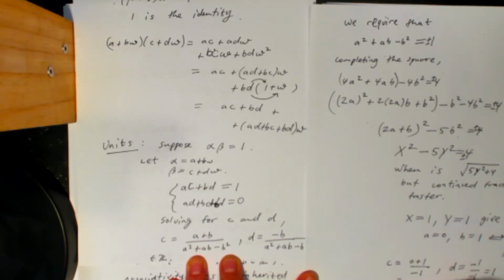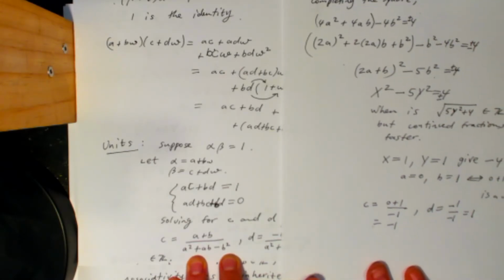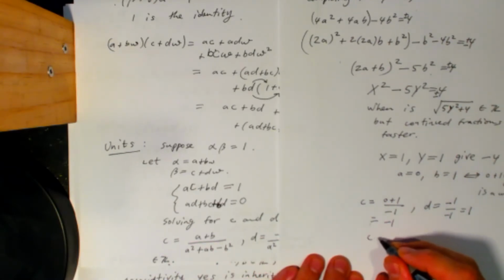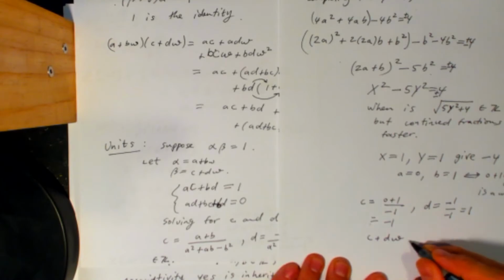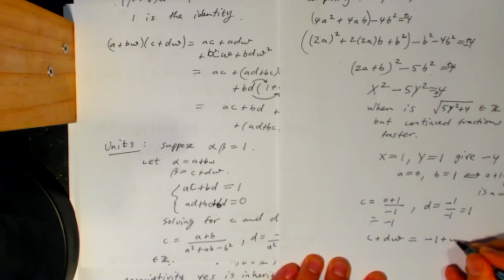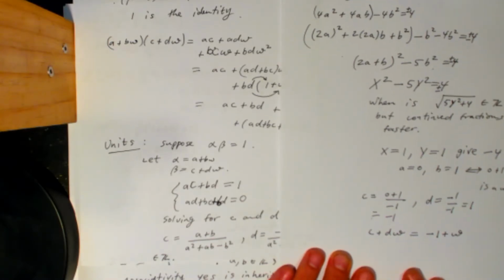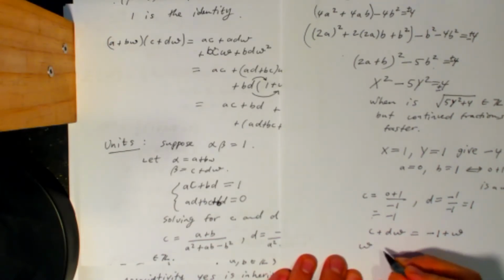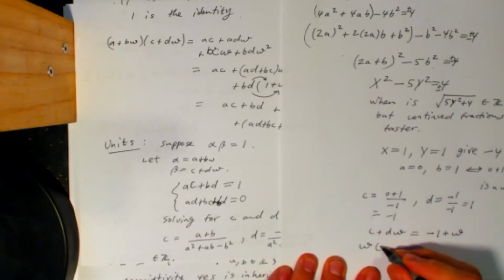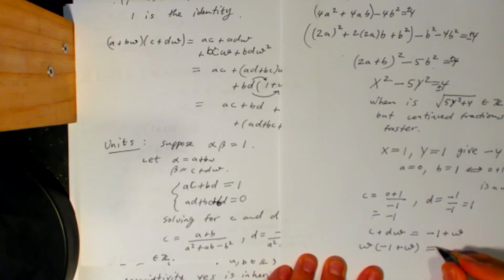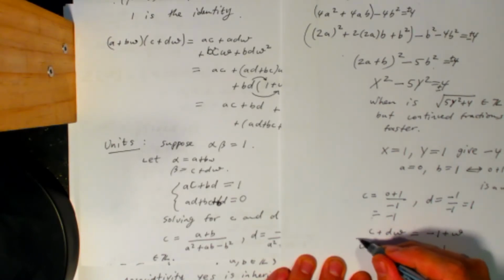So that tells us C plus D omega is equal to minus 1 plus 1 omega. So the inverse of omega is minus 1 plus omega, and this gives us 1.